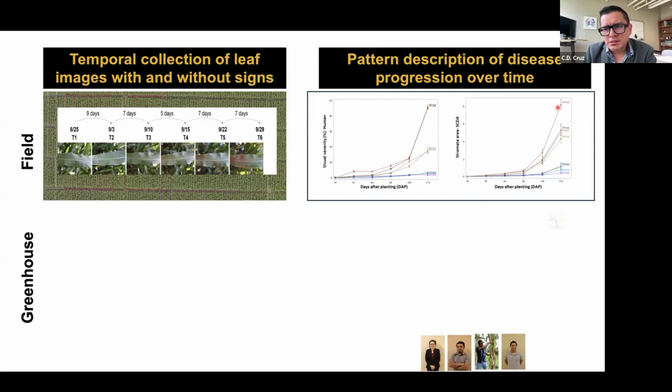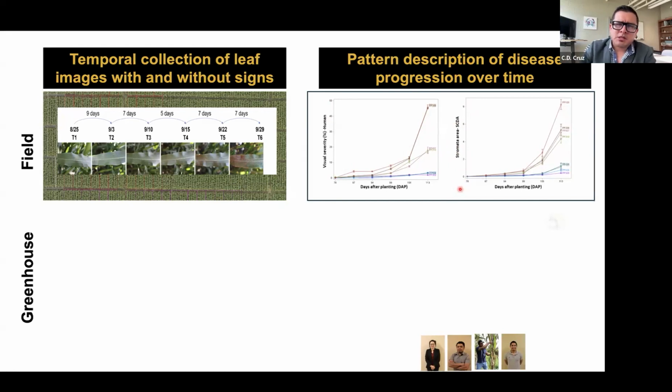You can tell that there's a similar trend when you compare the visual assessments against the algorithm. But something important to notice is the scale. When you're looking at the visual scale, you go from 0 to 50% in this case. When you're looking at stromata areas extracted by the algorithm, it goes from 0 to 8%. And this is through a different type of analysis that we conducted.